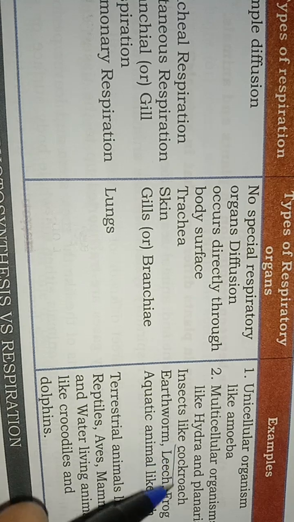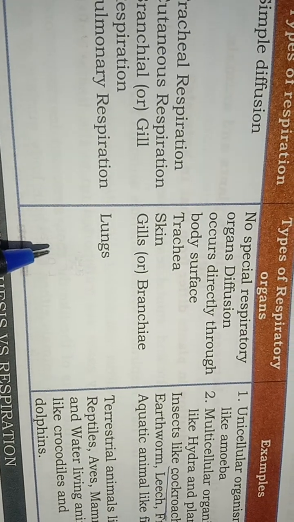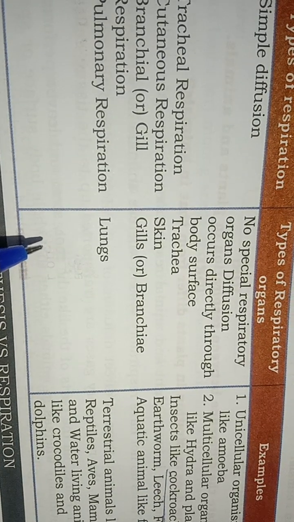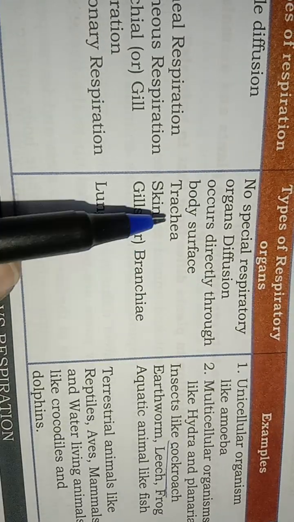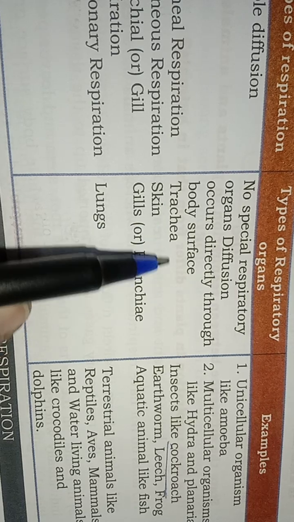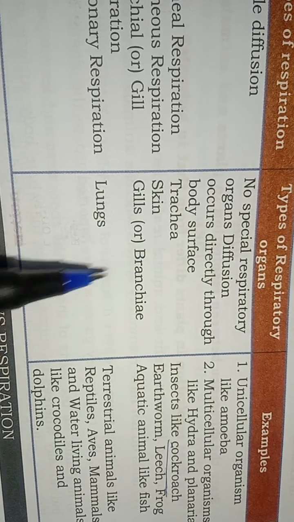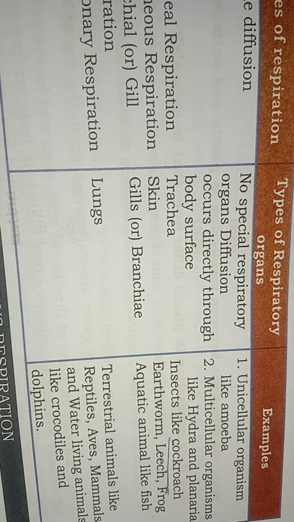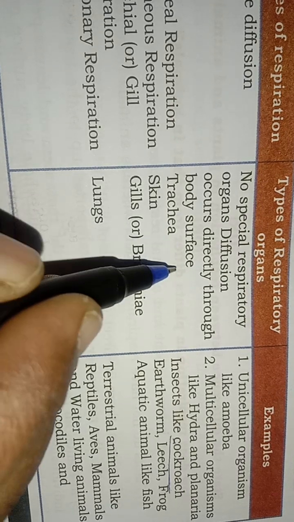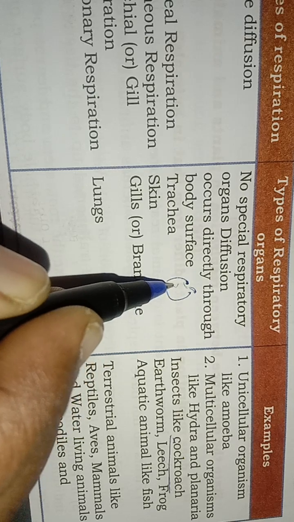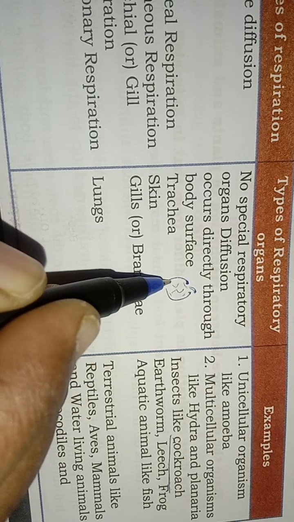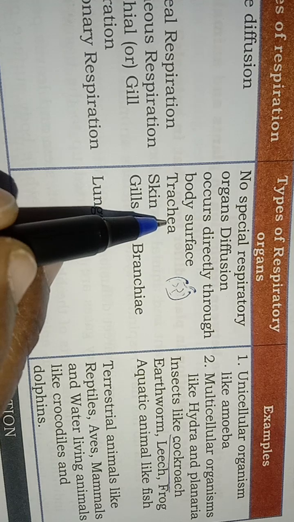So what happens in cockroach? In our body, trachea splits into bronchi, bronchioles, then alveoli, right? But in cockroach, the trachea spreads throughout the body. Whenever air enters its body, the trachea reaches every part of it.